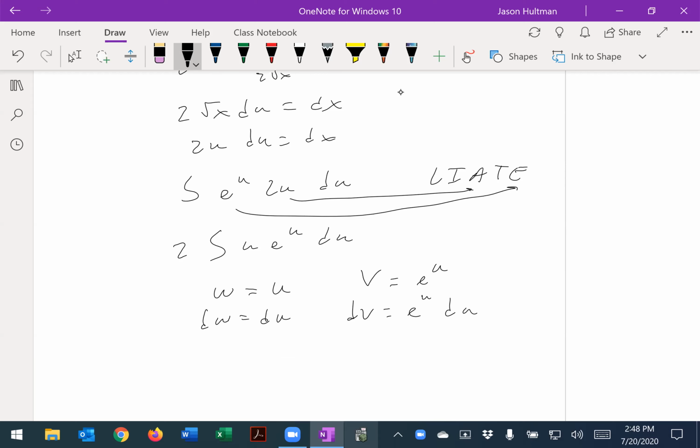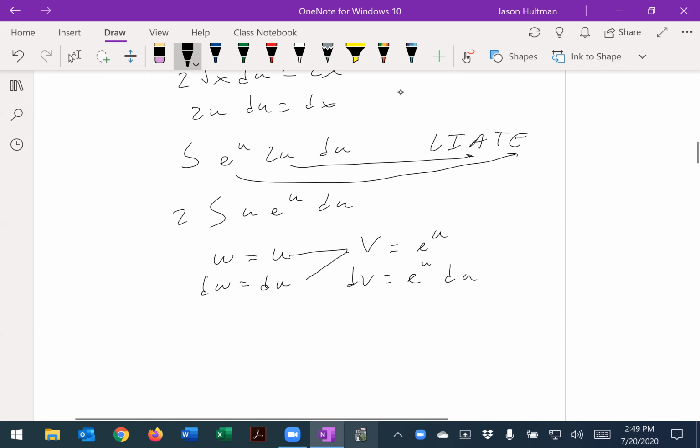So what are we going to get here? We're going to get this guy and this guy. So we're going to go 2 times u e to the u minus the integral of e to the u du.